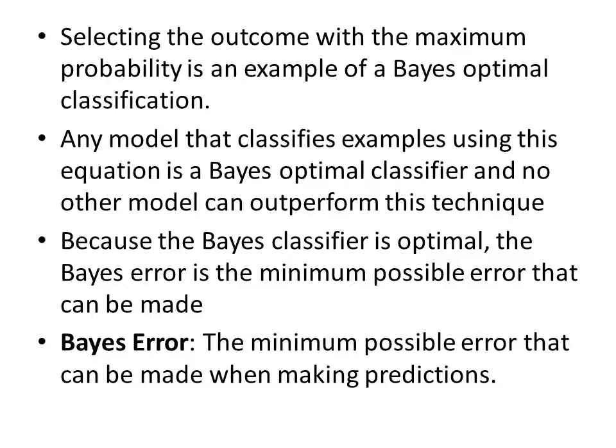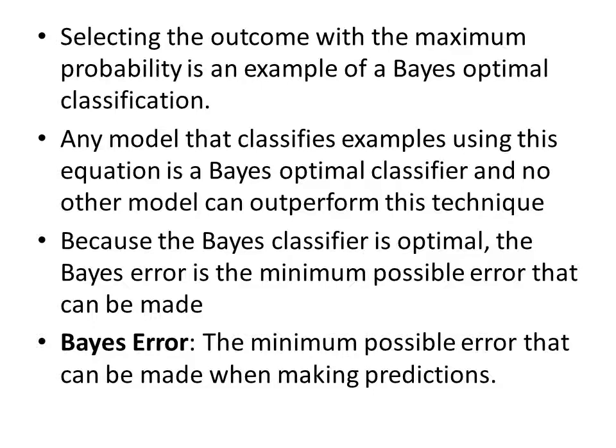Any model that classifies examples using this equation is the Bayes optimal classifier, and no other model can outperform this technique. So this is a perfect model for classifying examples.